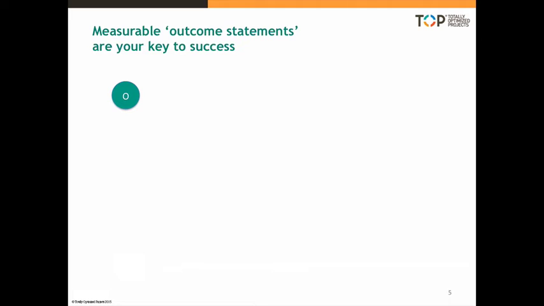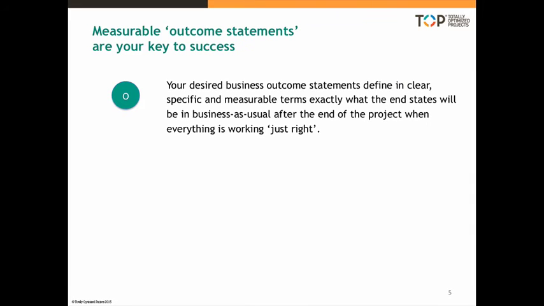Others use outcomes to mean objectives which are not specified, they're not measurable, but actually achieving measurable outcome statements is key to your success. Your desired business outcome statements define in clear, specific and measurable terms exactly what the end states will be in business as usual after the end of the project when everything is working just right.